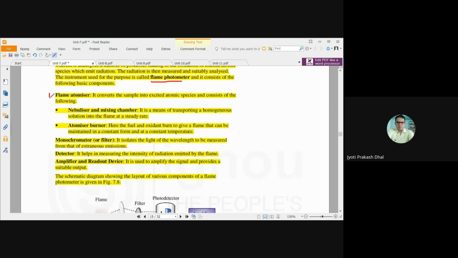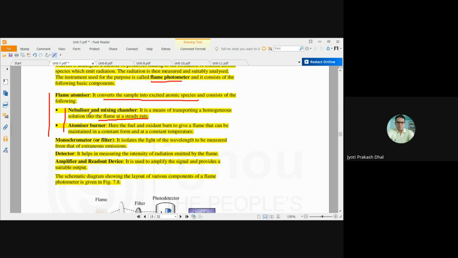The first one is the flame atomizer. It converts the sample into excited atomic species, and contains the following parts. The first one is the nebulizer and mixing chamber. It is a means of transporting the homogeneous solution into the flame at a steady rate.